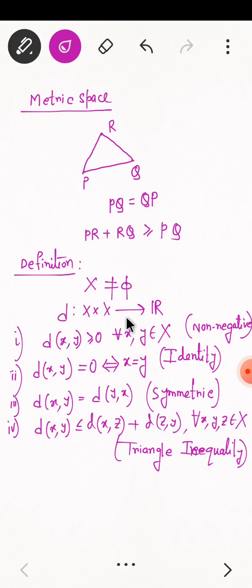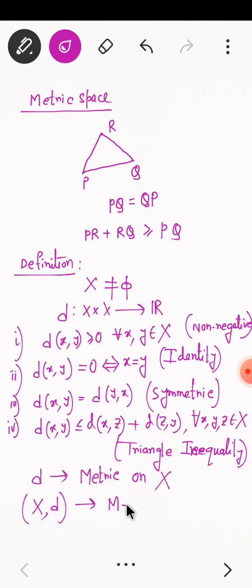If the mapping D satisfies these four conditions, then we say that D is a metric, or distance function, on X, and the pair (X, D), that is the non-empty set X and the metric D, together we call a metric space.